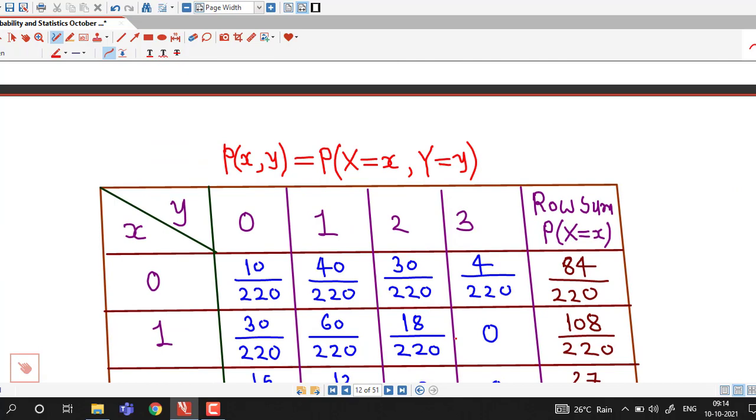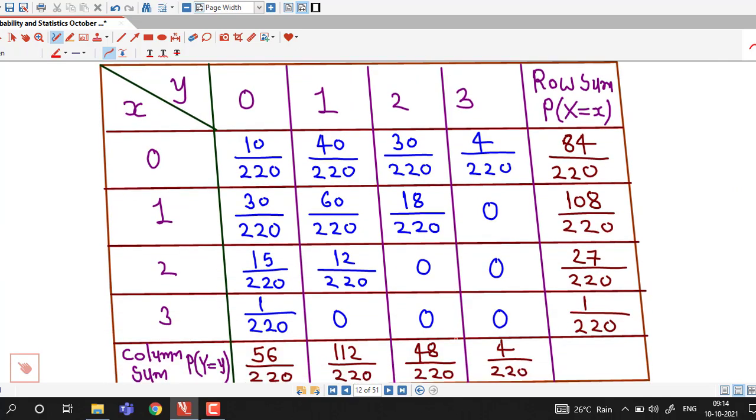So we have written values of X in rows. The first row corresponds to X equal to 0, this is for X equal to 1, 2 and 3, and the values of variable Y are written in columns. Column 1 corresponds to small y equal to 0, then column 2 for y equal to 1, 3 and 4 for y equal to 2 and 3 respectively.